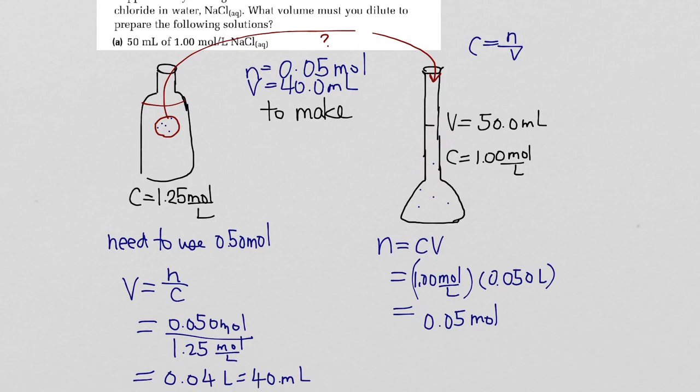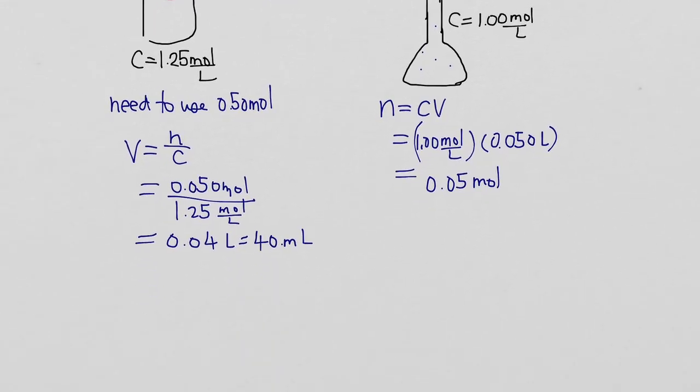After you transfer that 40 mL, you add more water to get it up to 50 mL. So you're going to add 10 more mL, and that allows the 0.05 moles to spread out a little more. So that's one way of doing it.